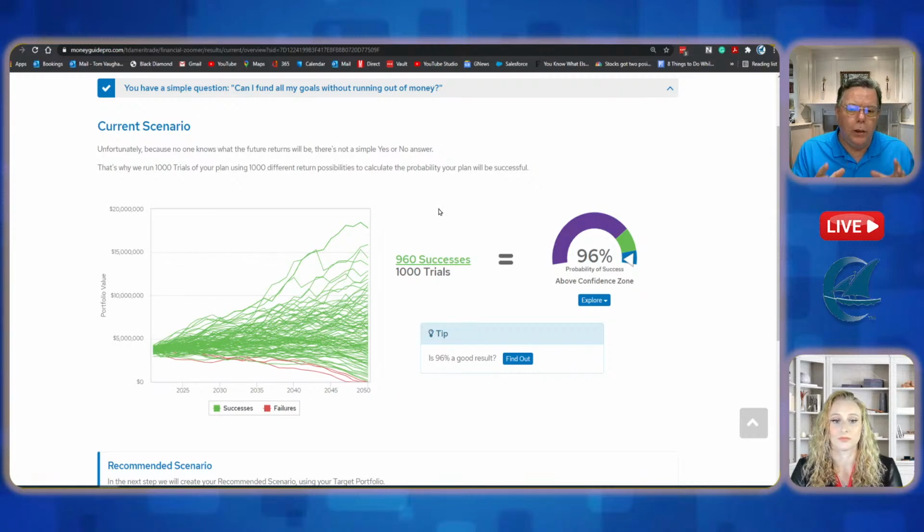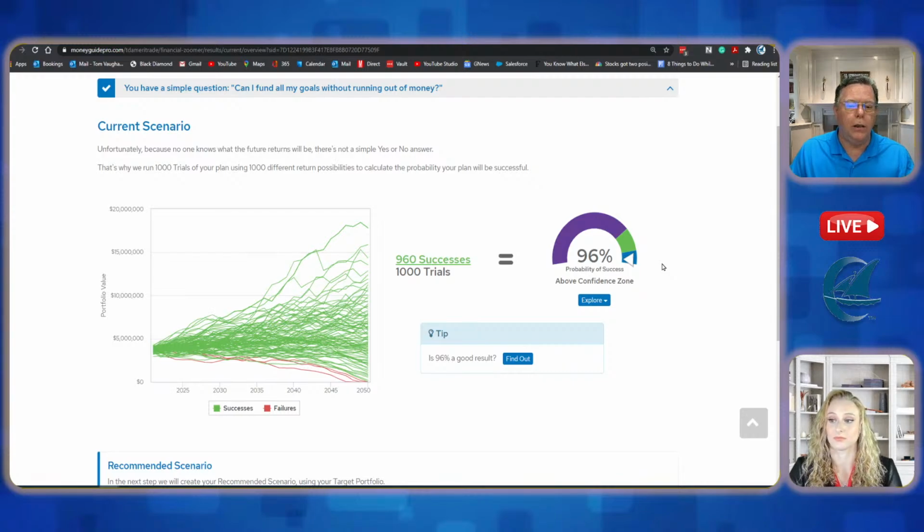And what it's doing here, the plan has everything in it: all of their assets, all of their incomes coming in, Social Security, pensions, and all of their outflows. What they're planning on spending, travel, what they need to pay their basic bills, the gifting to the kids, whatever it might be that they're trying to do. And so this is actually a very good number, 96%.